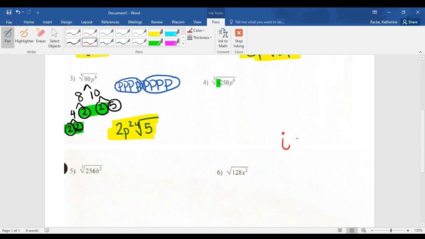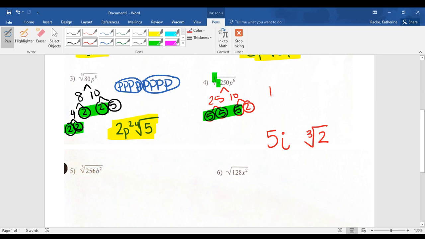Once we look at that, we're going to break down our 250 into, let's just do 25 and 10. 25 breaks down into 5 and 5. Here's a group. 10 breaks down into 5 and 2. Since I'm looking for groups of 3, there's a group of 3 that I have, and I'm going to leave that 2 on the inside. So it would be 5i cube root of 2.